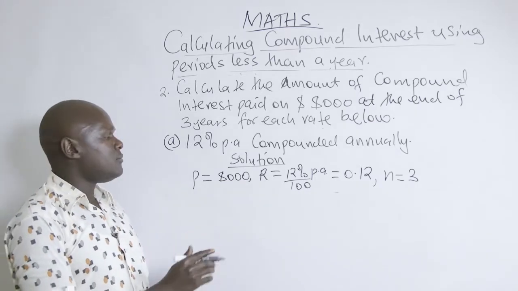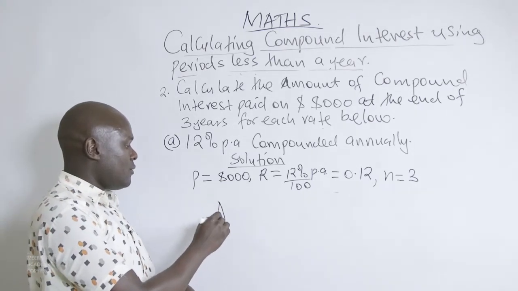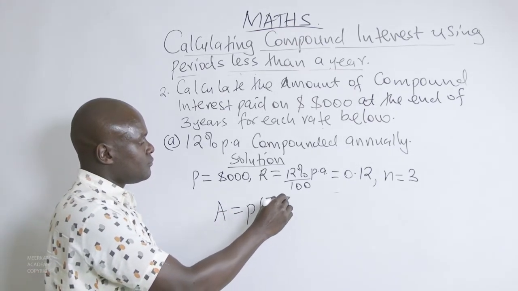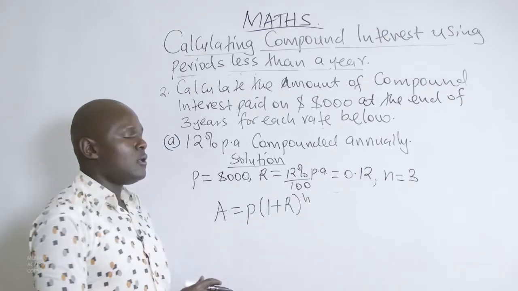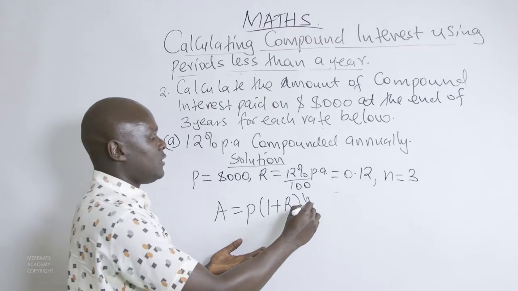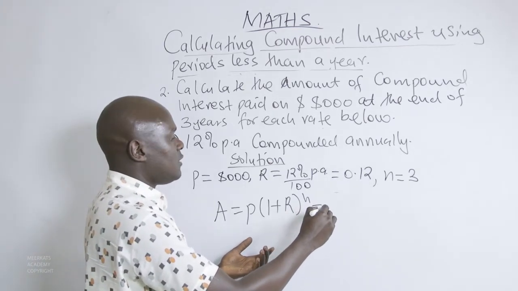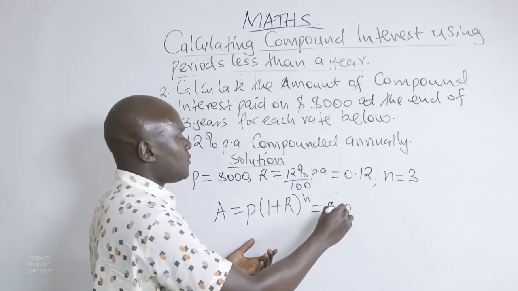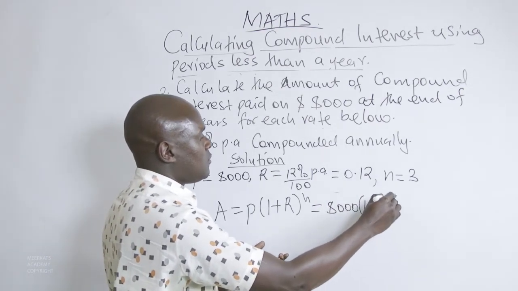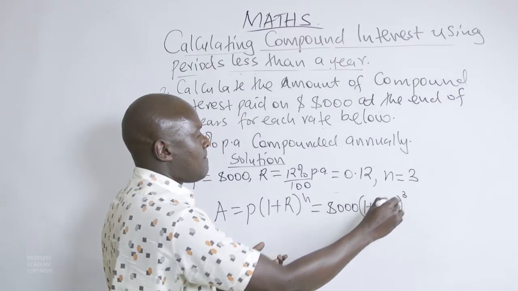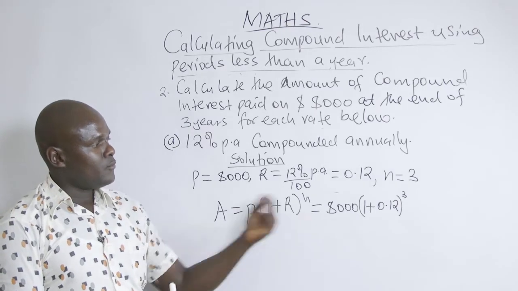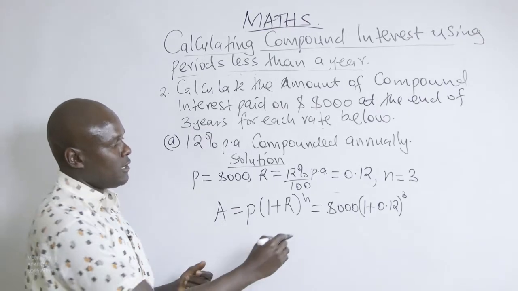Having written down the terms, we write down the compound interest formula. After writing down the compound interest formula, we substitute in the values. Having done that, we go ahead and solve now.